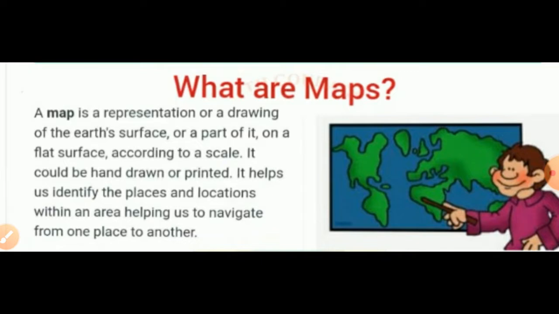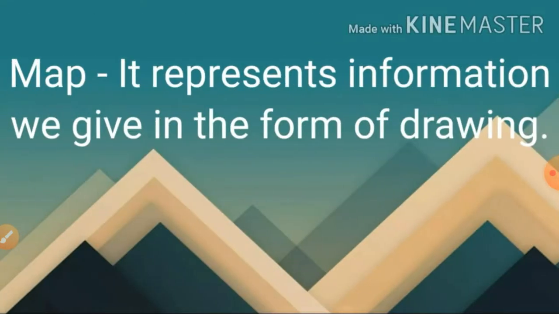Navigate means to direct the way to travel or find direction across an area of water or land by using a map. It represents information in the form of a drawing.